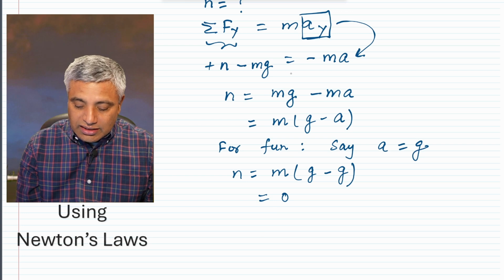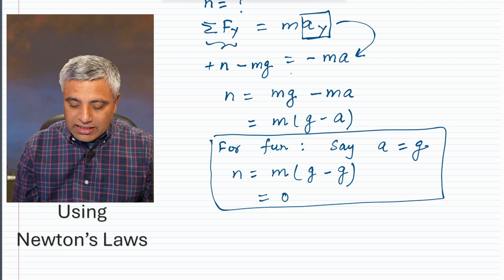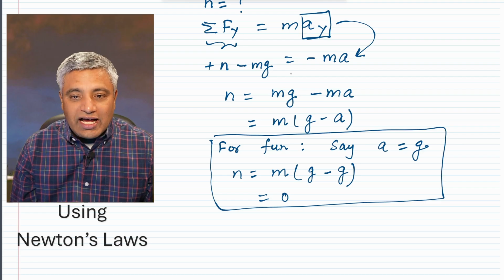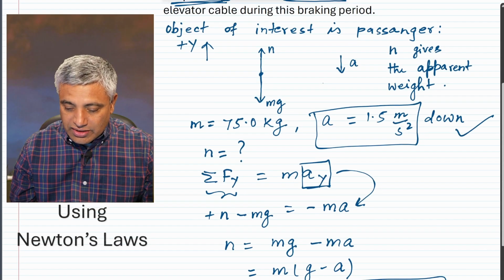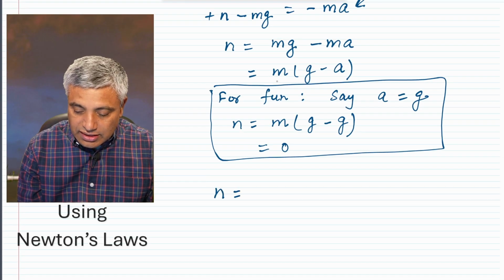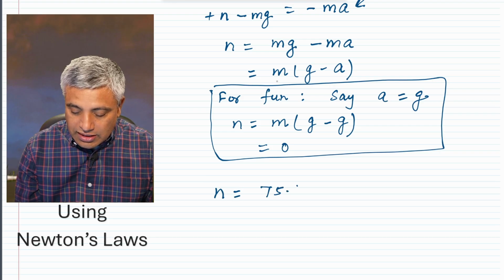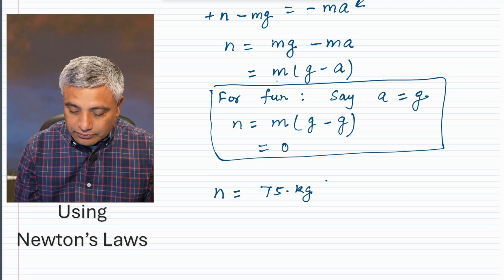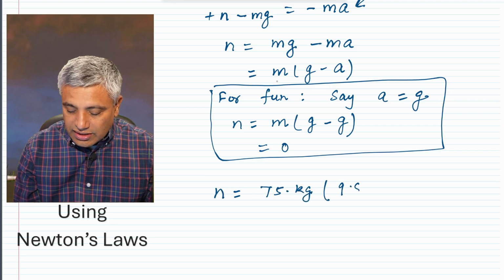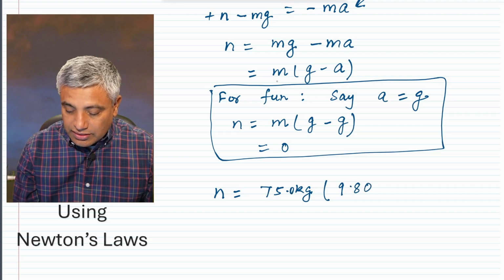But in this case, we are looking for that problem where acceleration is 1.5 meter per second squared. Let me double check. Yes, so that means N is m, which is 75 kilogram, times g, 9.8, minus a, or simply 9.8.